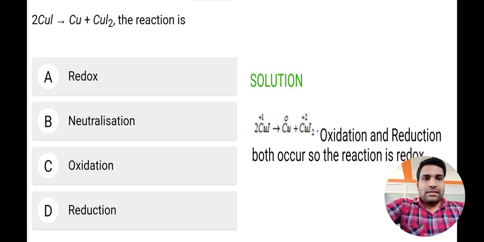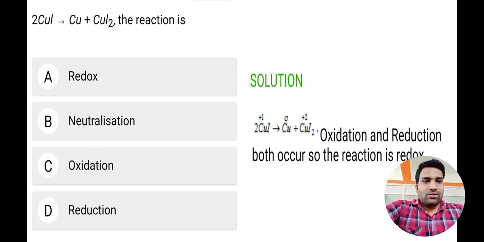See, in the reaction 2CuI gives Cu plus CuI2, in CuI the oxidation state of Cu is plus 1, and in case of Cu, it is in its native, elementary state, so its oxidation state is 0. In case of CuI2, its oxidation state is plus 2. So oxidation and reduction both occur, so the reaction is redox. So option A is the right answer.